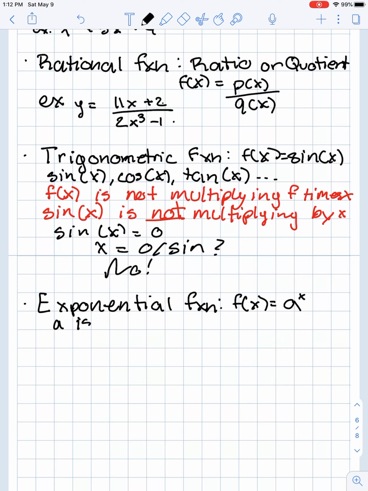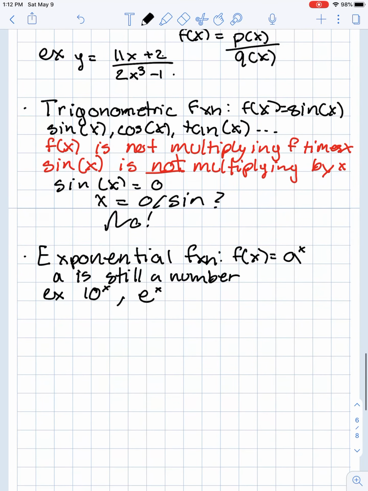Well, here, a is still a number, but now I have a number raised to x. So some fun examples of that are 10 to the x, e to the x, really important one, and so on. These functions are really cool.